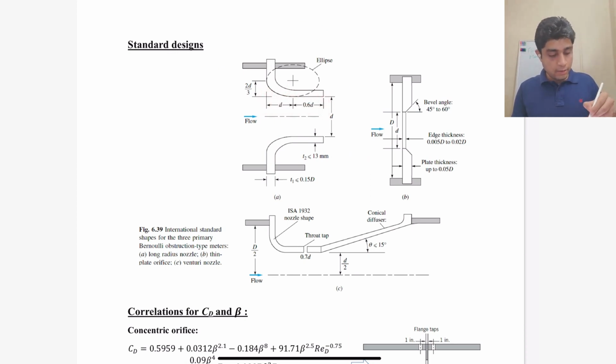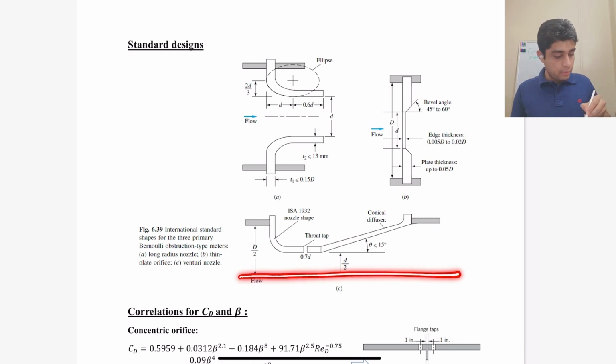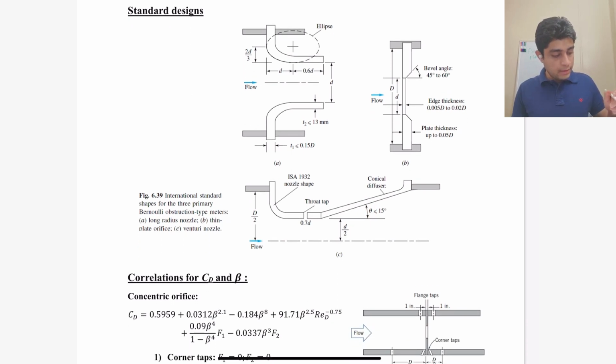Similarly, for an orifice plate, there are some standards for the angle that you use here, and for a Venturi flow nozzle as well, the half angle of the diffuser and the place where you place your pressure taps have basically standard designs.